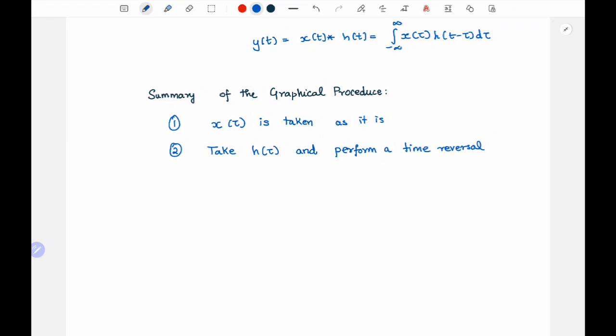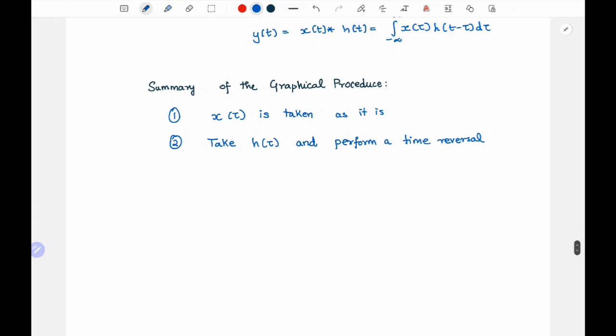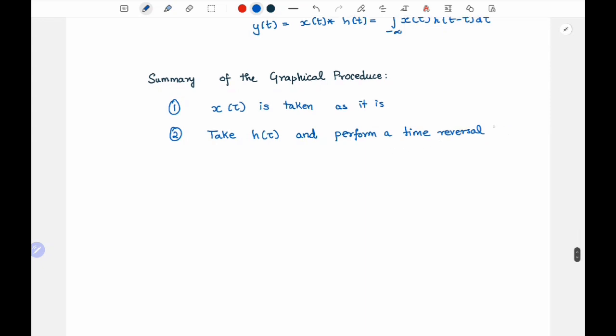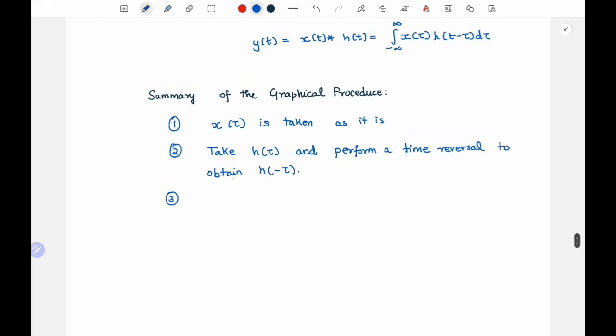We already saw how those two procedures vary. So now, for simplicity, let's say we first do the time reversal. Perform time reversal to obtain h of minus tau. And then to obtain h of t minus tau from h of minus tau, what should we do? So we should actually right shift h of minus tau by t.